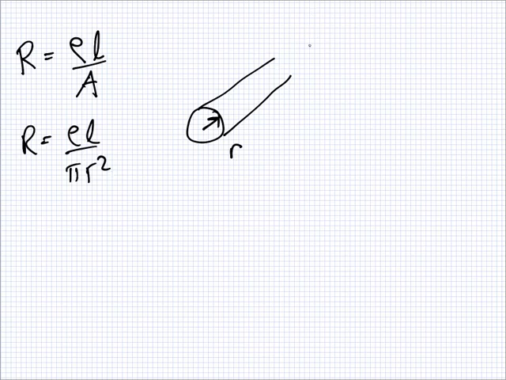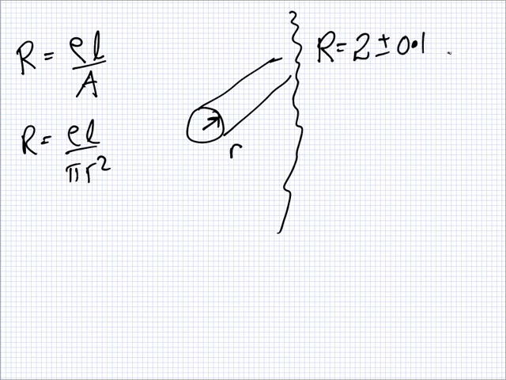Okay, so here's the information. Let's say the R is 2 plus or minus 0.1 ohms. Let's say the length is 0.5 plus or minus 0.001 meters.